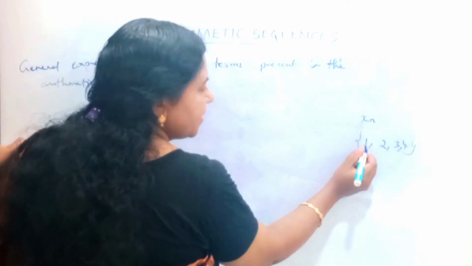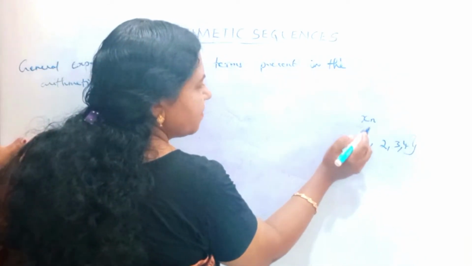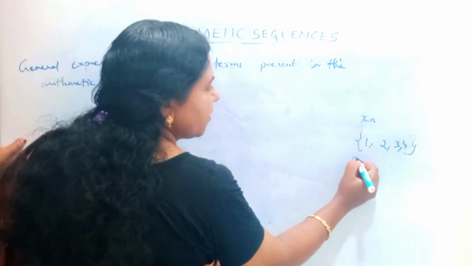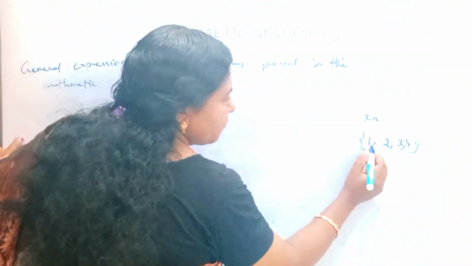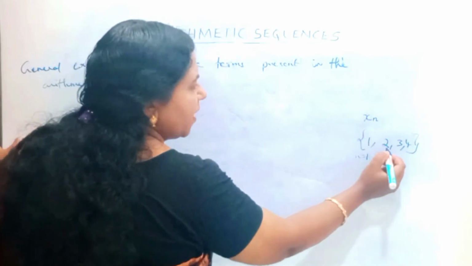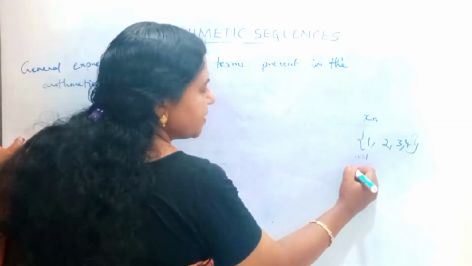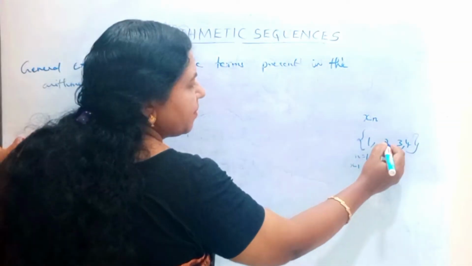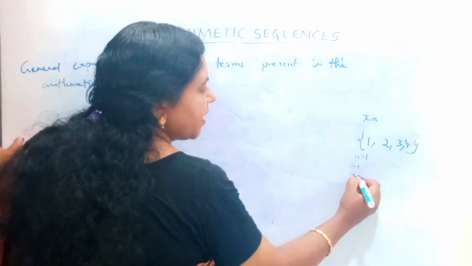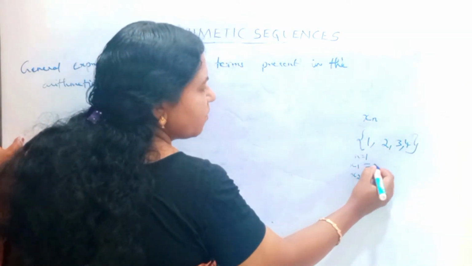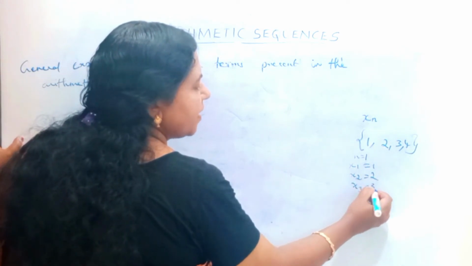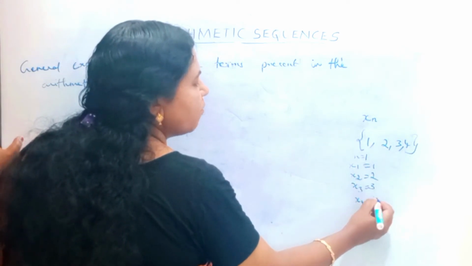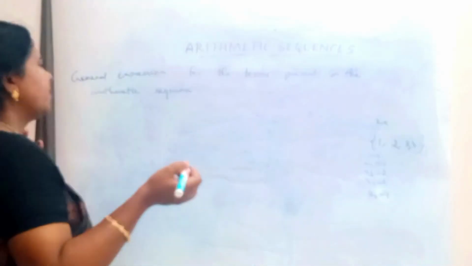For the first term, the value of n is equal to 1, so the term becomes x1. Coming to the second, the term becomes x2. So x1 is for n equal to 1, x2 for 2, x3 for 3 and x4 for 4. We have seen all this in the previous video.